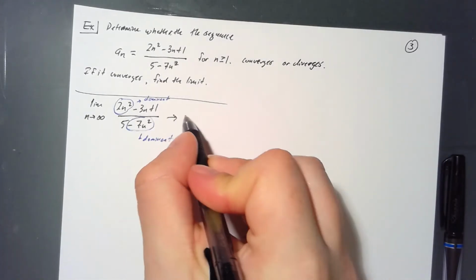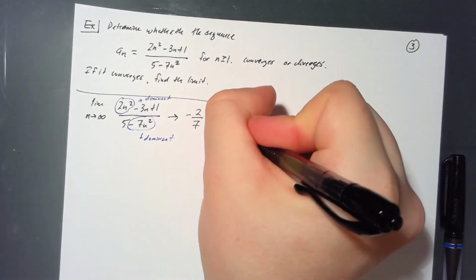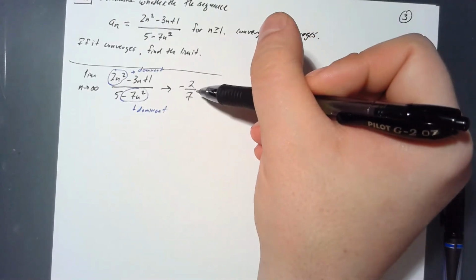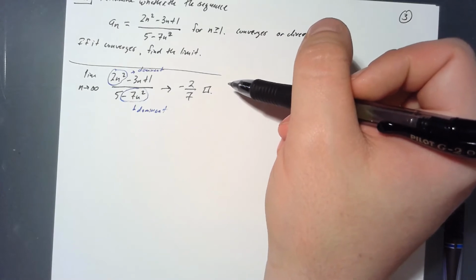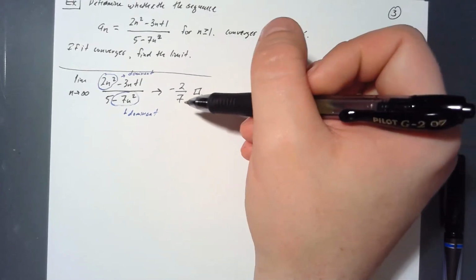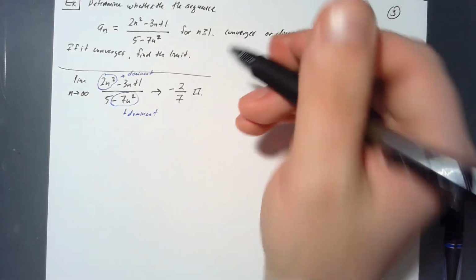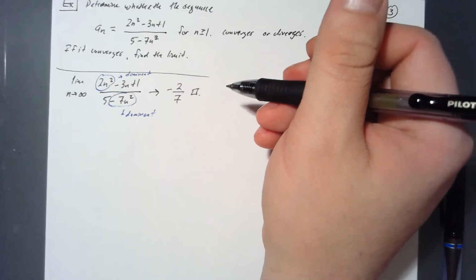So then you could say this goes to 2 over -7. And that's perfectly fine. That's the way you would do it before using L'Hopital's rule in Calc 1. But most students like using L'Hopital's rule because it's very efficient, very straightforward, and easy to wrap your mind around.